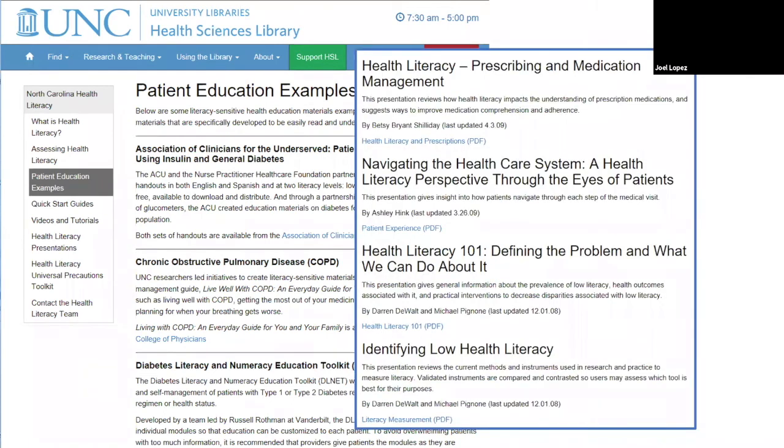You can see here on this list that they have examples including health topics such as diabetes, COPD, and cardiovascular health. So really provide good examples of materials that would be easy to read and easily understood by your patients so that you can use those practices when you are developing materials or writing information for your patients in your own practice.